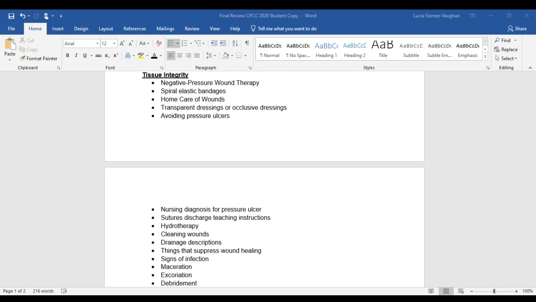Home care, when it comes to wound care, we want to select the dressing based on what's going to work for the patient. If they're going to have to be changing them themselves, we want to select a dressing that the patient is able to change themselves.